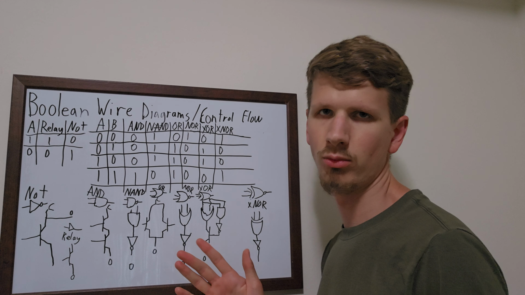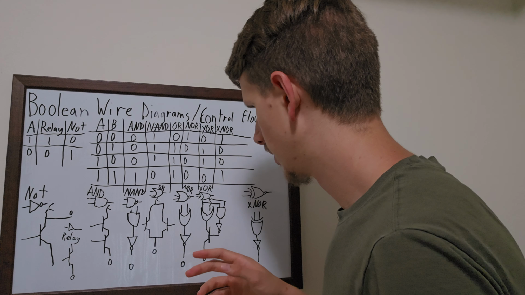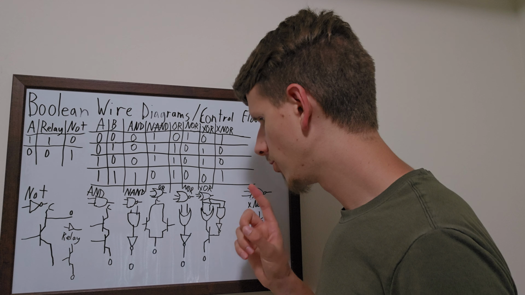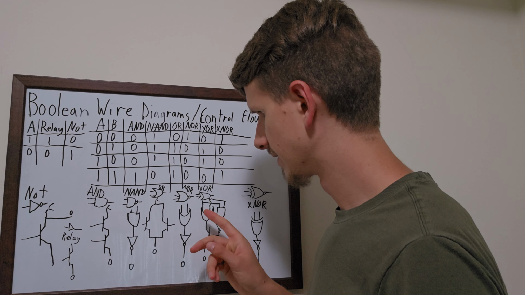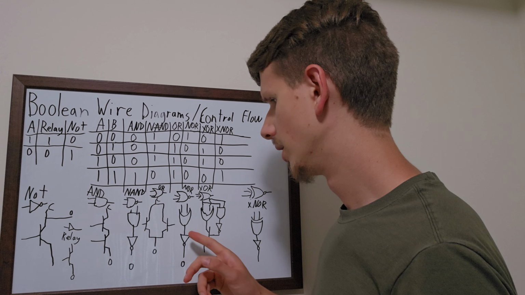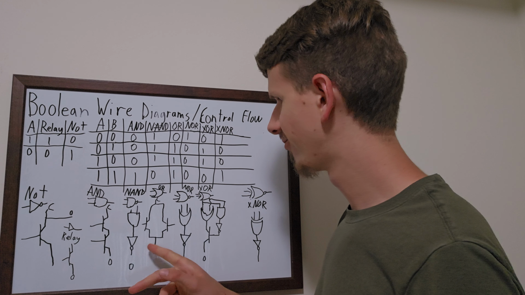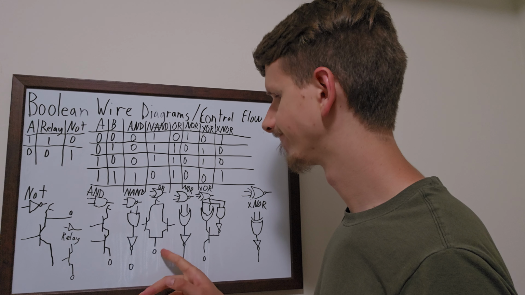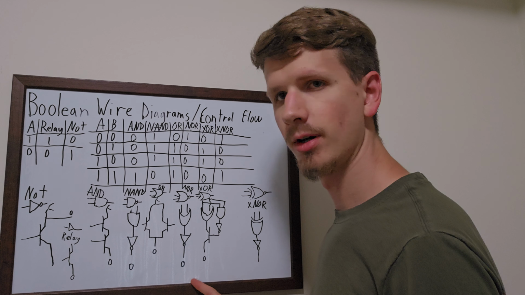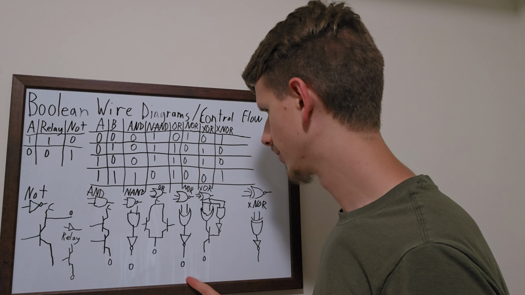And if none of them are on, we'll get nothing. That's OR. NOR is NOT OR. So if OR is true, then NOR is false. So you just add a NOT after the OR.